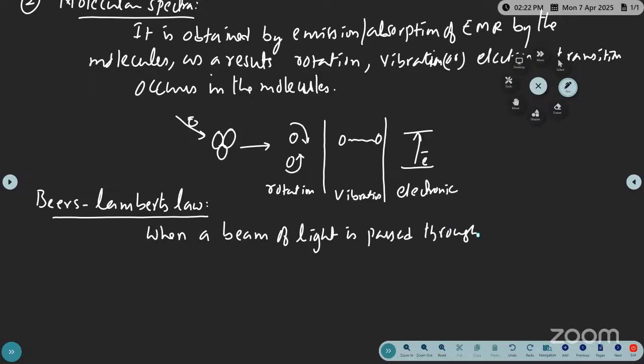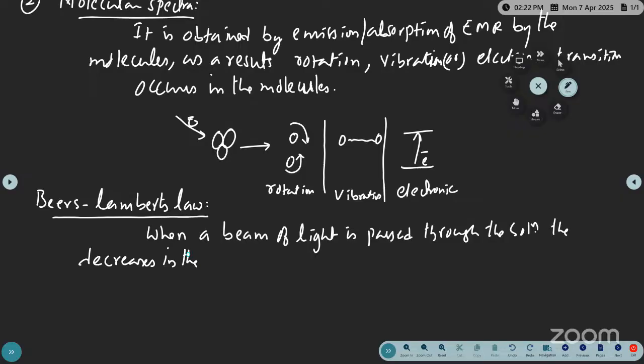What happens is the decrease in the intensity of the radiation. First listen to the statement, then we will see its explanation. ఏమవుతుందట, when a beam of light is passed through the solution, some of the light is absorbed. Is it clear కదా? So that absorbed radiation depends on what factors అనేది Beer-Lambert's law ఎక్స్ప్లెయిన్ చేస్తుంది.